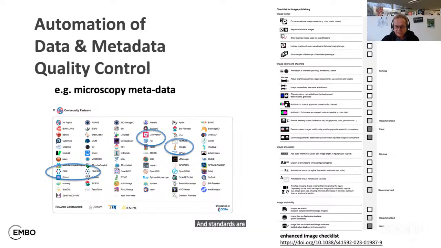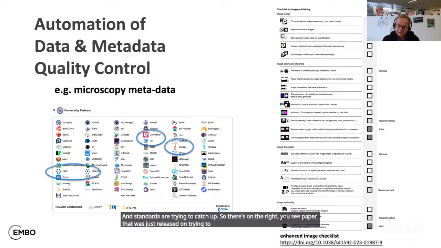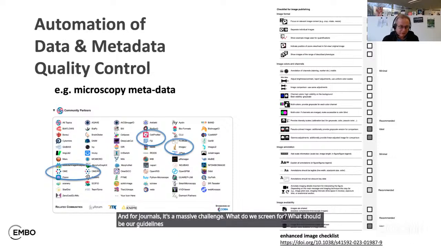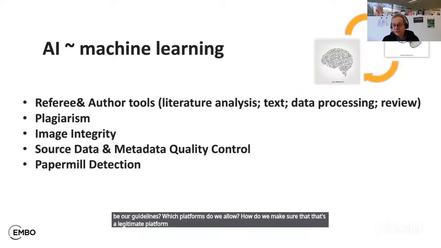On the right you see a paper that was just released, trying to structure this incredibly complex information. And for journals, it's a massive challenge. What do we screen for? What should be our guidelines? Which platforms do we allow? How do we make sure that a legitimate platform is used, and so on? Very, very difficult. AI is, of course, the solution that's always thrown out. It's easier said than done.